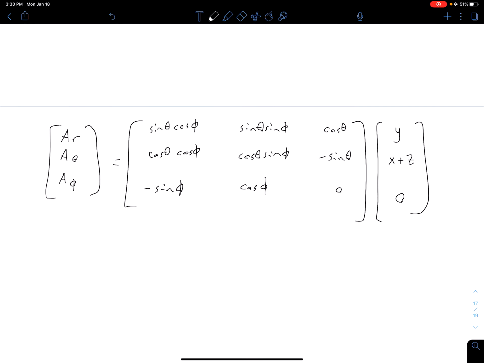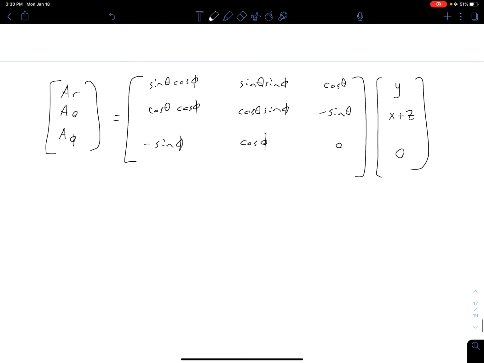All right, so if we multiply all this out, same basic procedure for our r component. We multiply our first row by this matrix, and we get that A_r is equal to y sine theta cosine phi plus the quantity x plus z times sine theta sine phi.